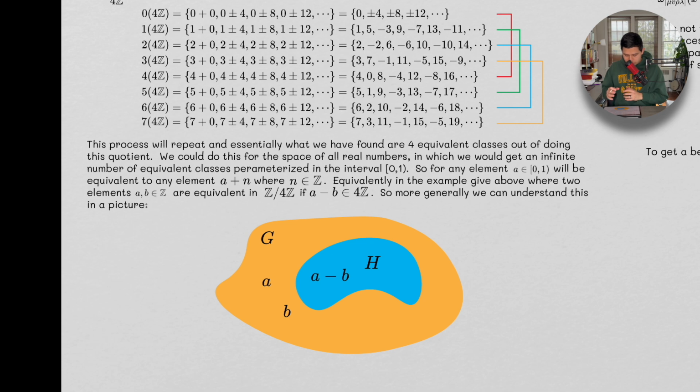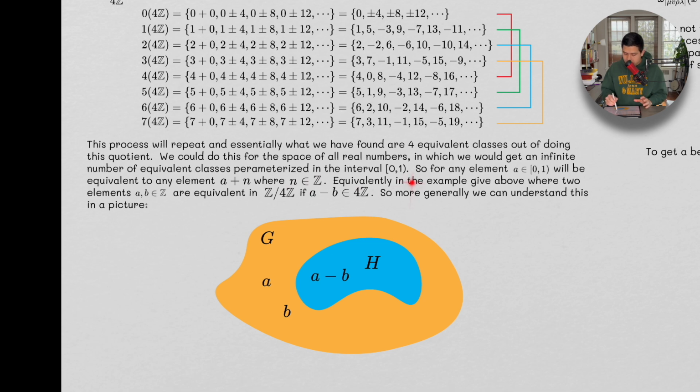So we could do this for the space of all real numbers, in which we would get an infinite number of equivalence classes parameterized in the interval 0 to 1, right? So any element a in 0 to 1 will be equivalent to any element a plus n, where n is in Z.